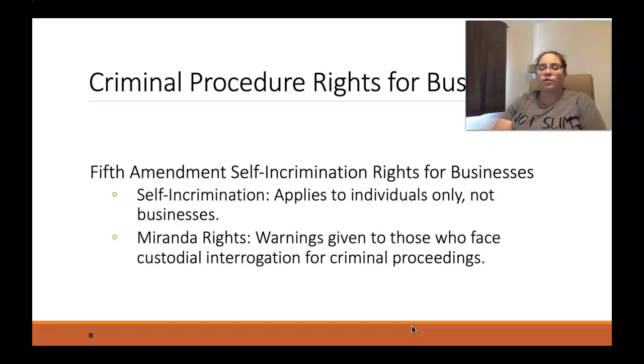However, if police officers have somebody in a custodial situation, which typically requires some circumstance similar to arrest, not detention, but arrest, and they are asking them questions seeking to elicit a guilty response or interrogating them, then those individuals have the right to claim the Fifth Amendment and to not speak or incriminate themselves, but that only applies to self-incrimination and not incrimination of others or the business.